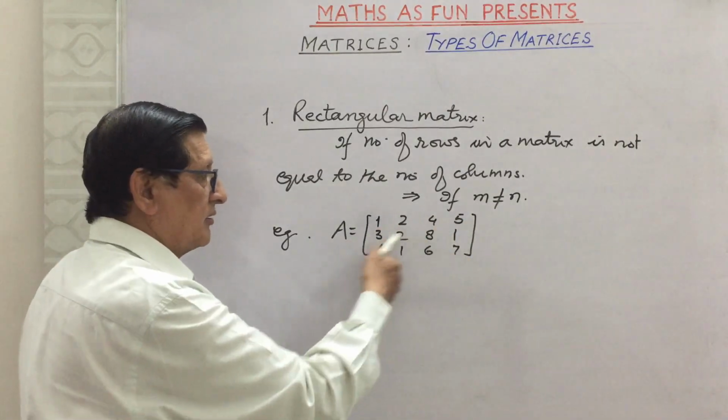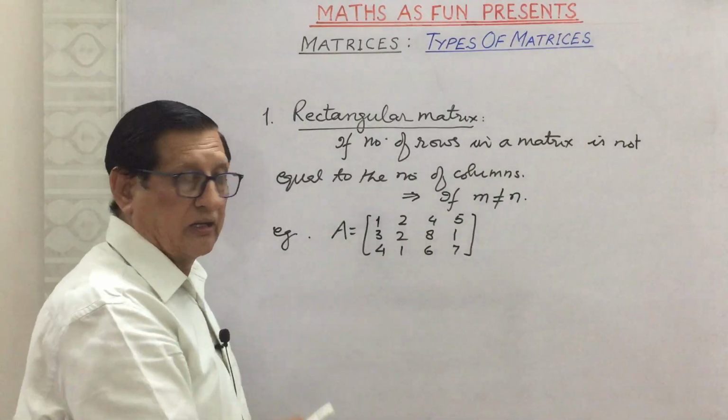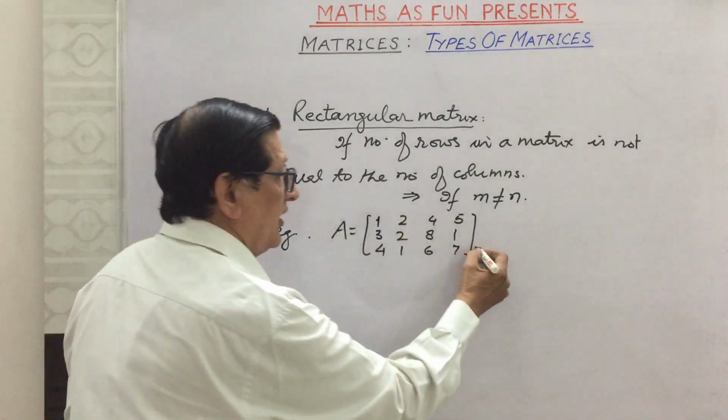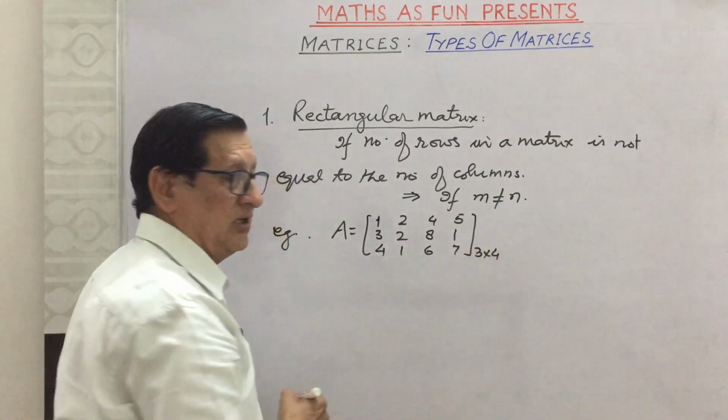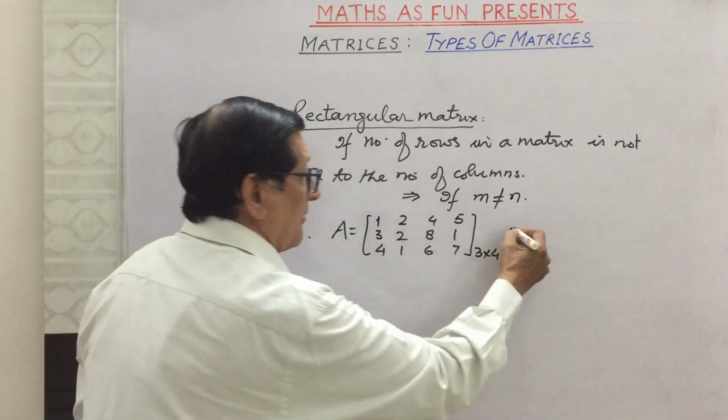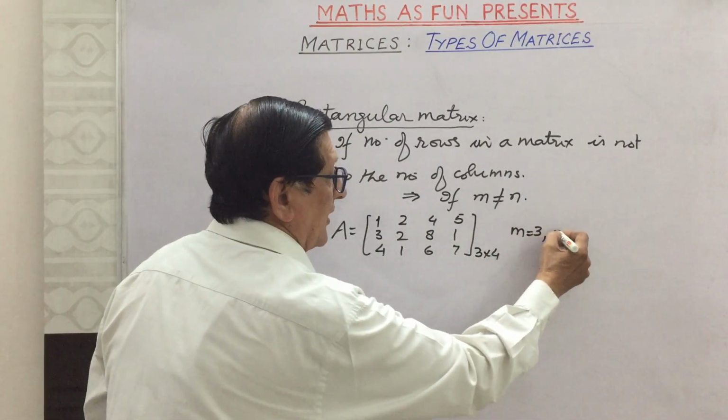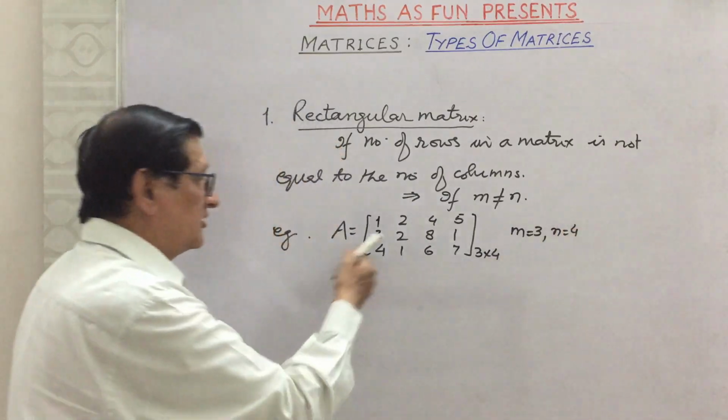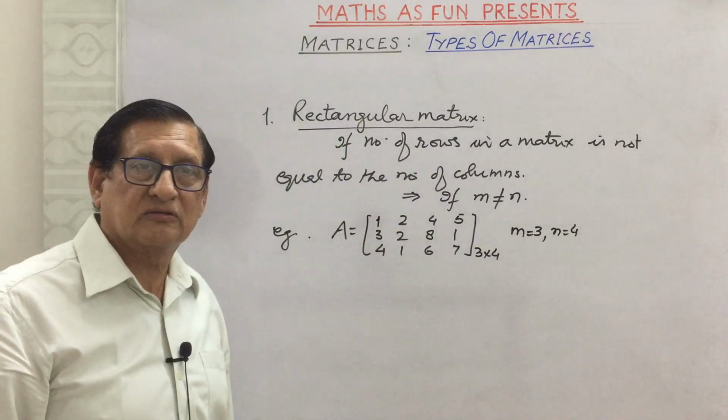We are finding here the number of rows is 3, number of columns is 4. It means the order of this is 3 into 4. M is here 3 and N is 4, so it is a rectangular matrix.